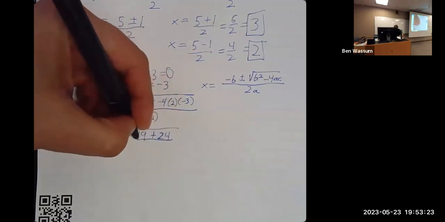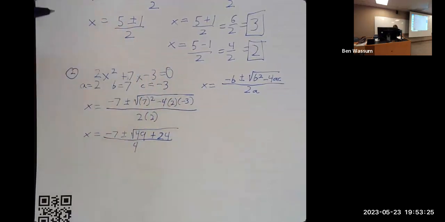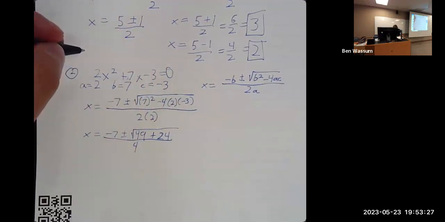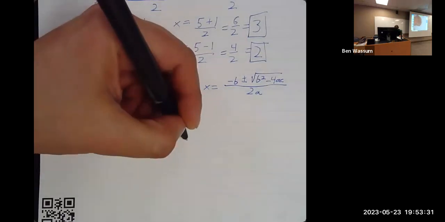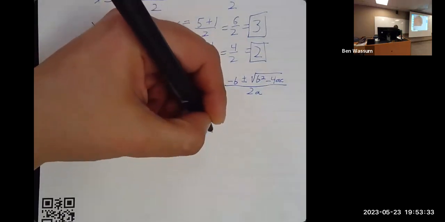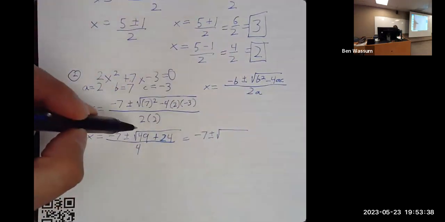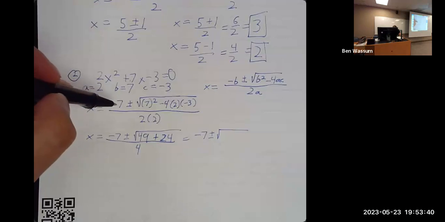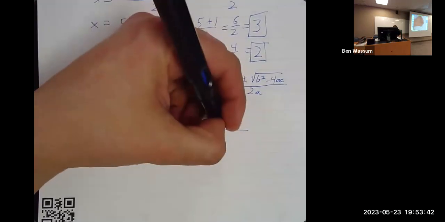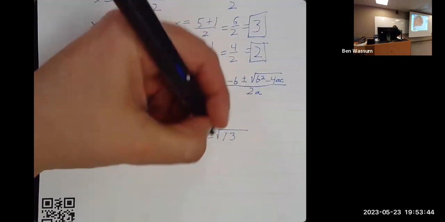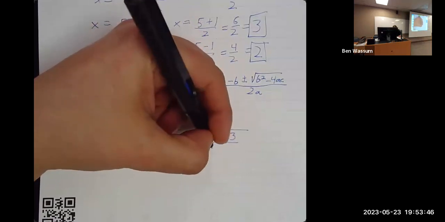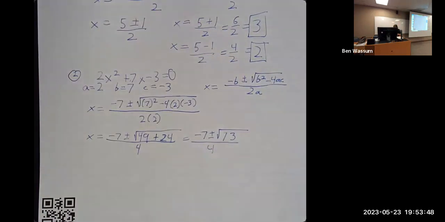This whole thing is going to be over a 4. 49 plus 24 is 73.